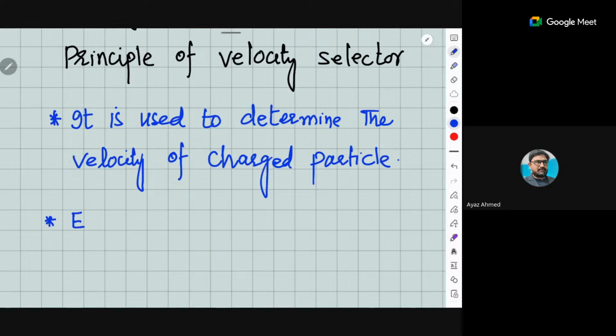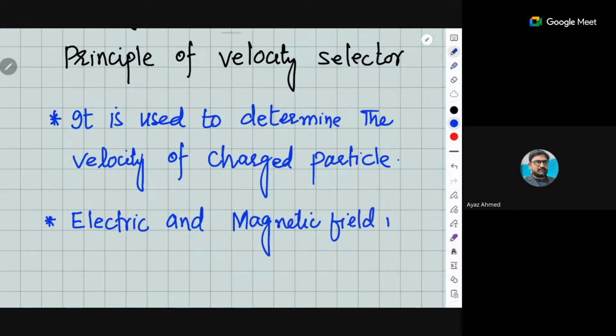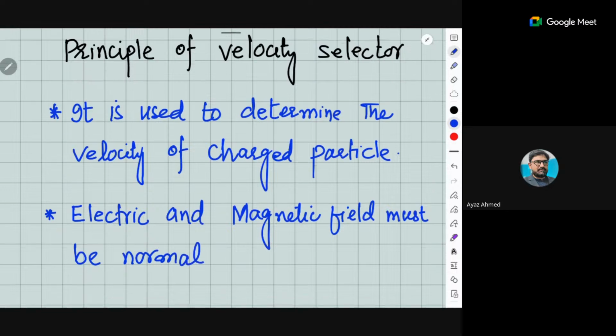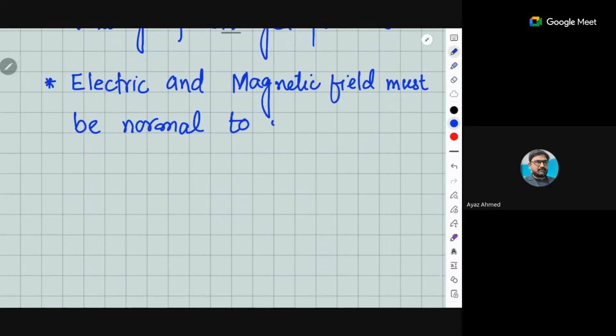Electric field and magnetic field are placed normal to each other. So here this is an induction of a new thing. Electric and magnetic field must be normal to each other. Normal means perpendicular to each other. This is asked to you for 4 marks. That is why I'm going to write the points.